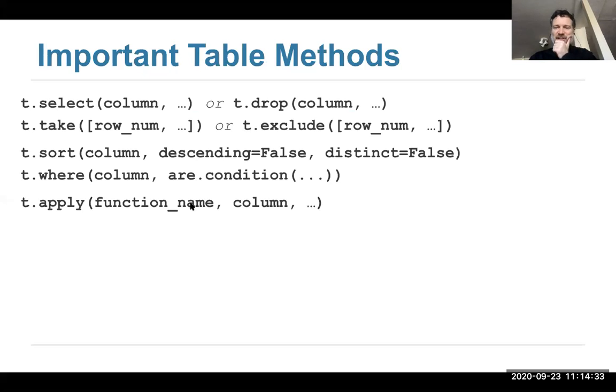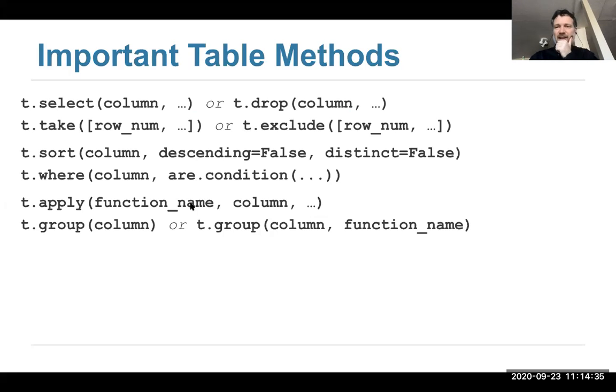A reminder of some operations we've seen. We've seen select for choosing some columns, take for choosing some rows, sort for ordering the rows of the table, where for selecting some of the rows that meet a condition, apply for modifying the data in a column using some function. We saw group.